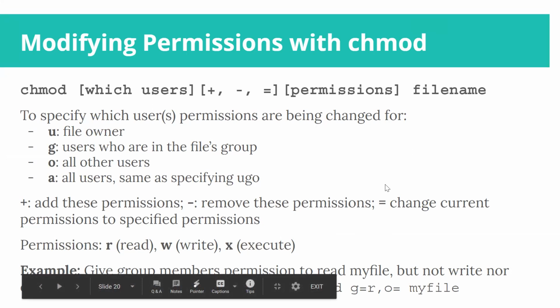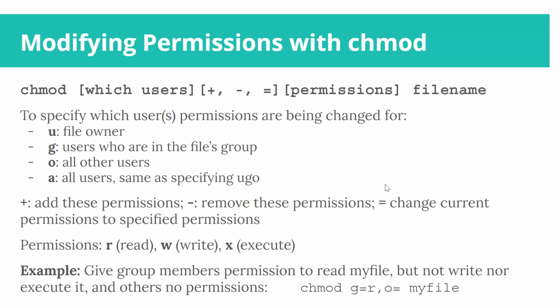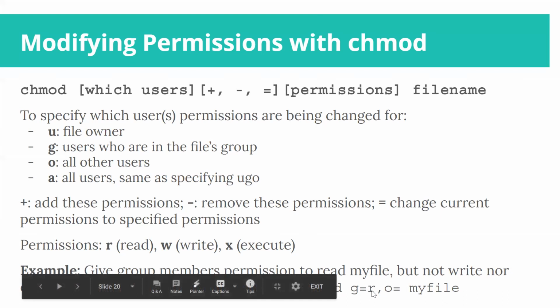On the bottom, I had an example. If you want to give your group members permission to read my file, but not write or execute it, and you want to give everyone else no permission, what you would do is chmod, then G for the people in the group, and you'd use an equal sign to set it to only read the file.